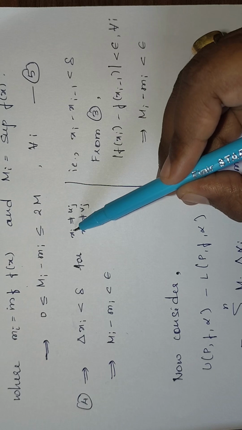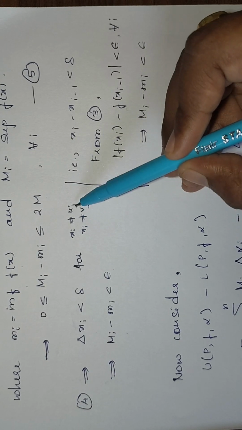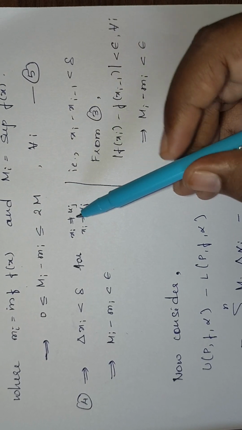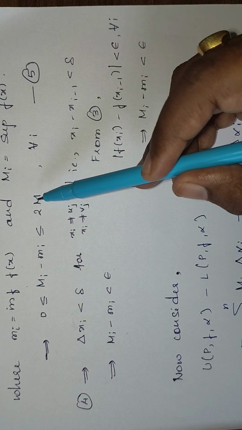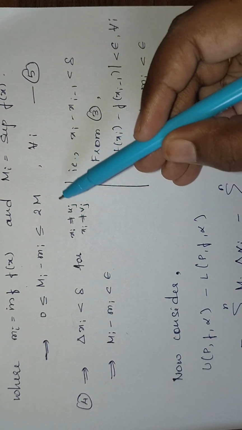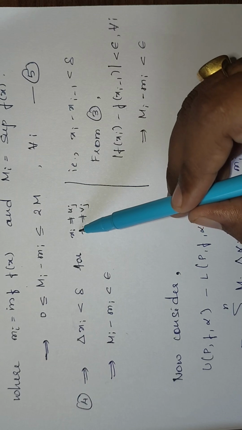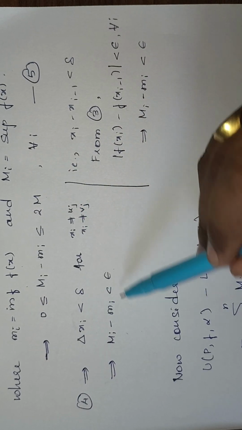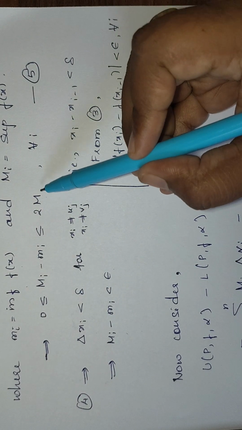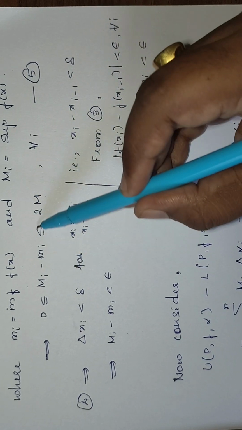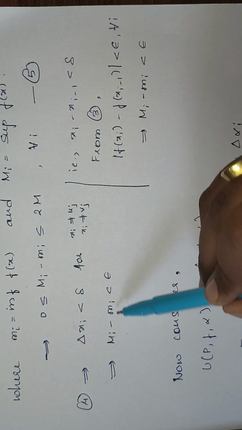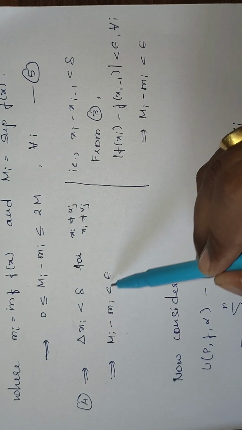If I take xi equal to uj, xi equal to vj, then the condition is this. So I just want to draw here two conditions. So for x not equal to uj, vj, this is the condition, and for x equal to uj, vj, this is the condition.